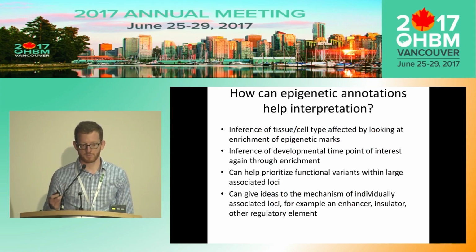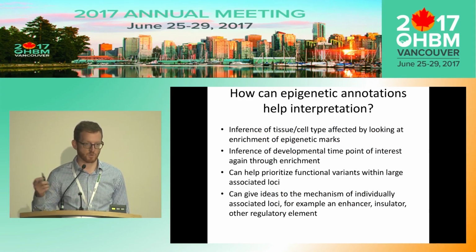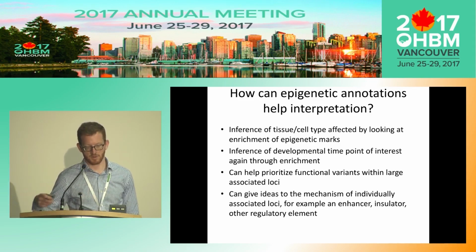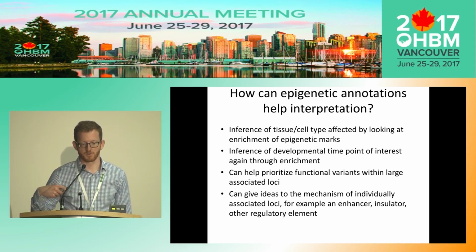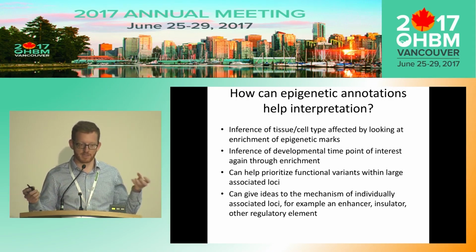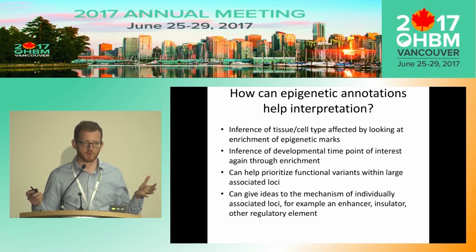Okay, so how can epigenetic annotations help us with our interpretation? They can allow inference of the tissue or cell type affected by looking at enrichment of epigenetic marks in regions of the genome that were associated with our trait. I'll give you one example of that. There's also inference of developmental time period, again through enrichment. So if the genetic variants that we find seem to be enriched in fetal enhancers but not adult enhancers, that can tell us that maybe the time period of action was in fetal development.